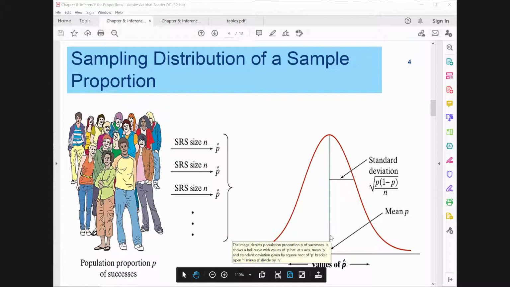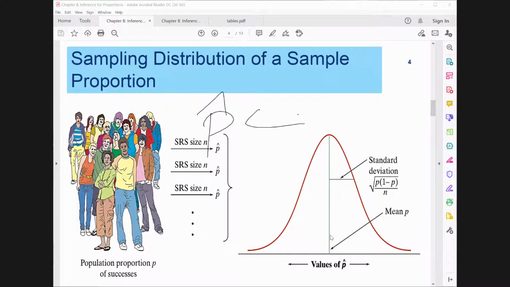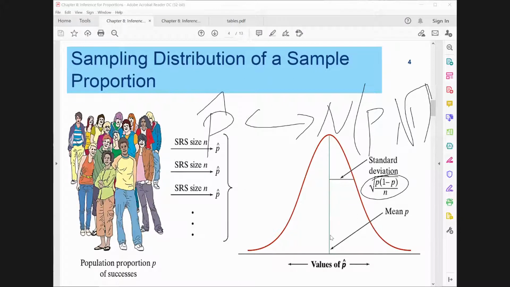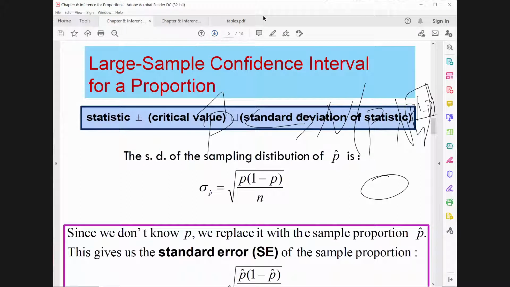Then p hat is approximately normal, with mean p and standard deviation root p(1 minus p) over n. This is the main information. It was studied in chapter 6.